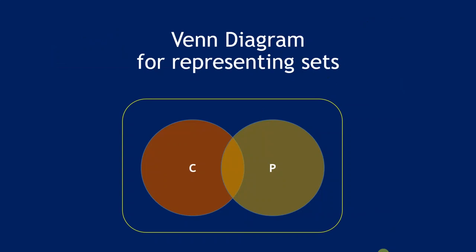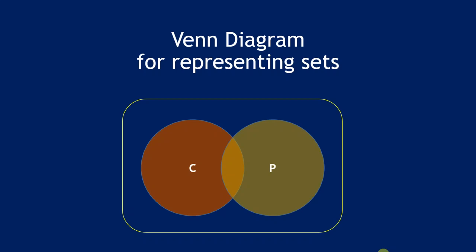Very typically, you will see a Venn diagram being drawn to represent sets. So instead of the pictures I had, usually textbooks have these two circles or three circles of a Venn diagram. Each circle represents an event, or no, I'm sorry, a set. And then you can see how these sets overlap.